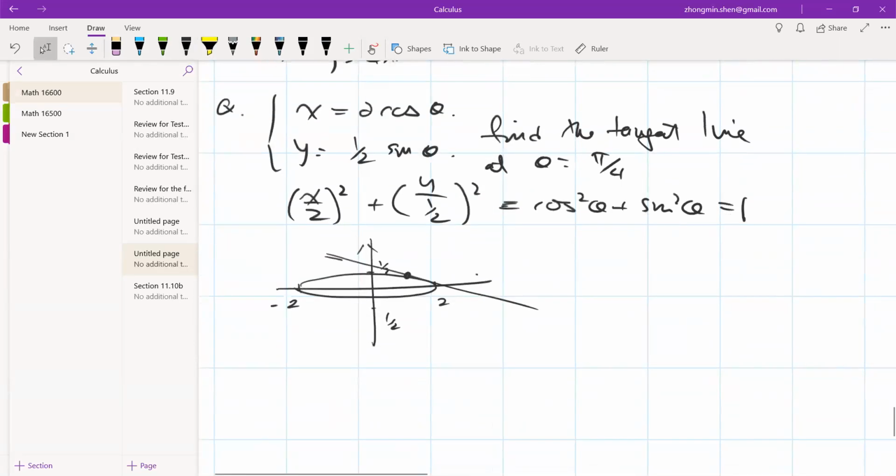So we're not going to do it like m equals dy. No, m is supposed to be dy over dx.